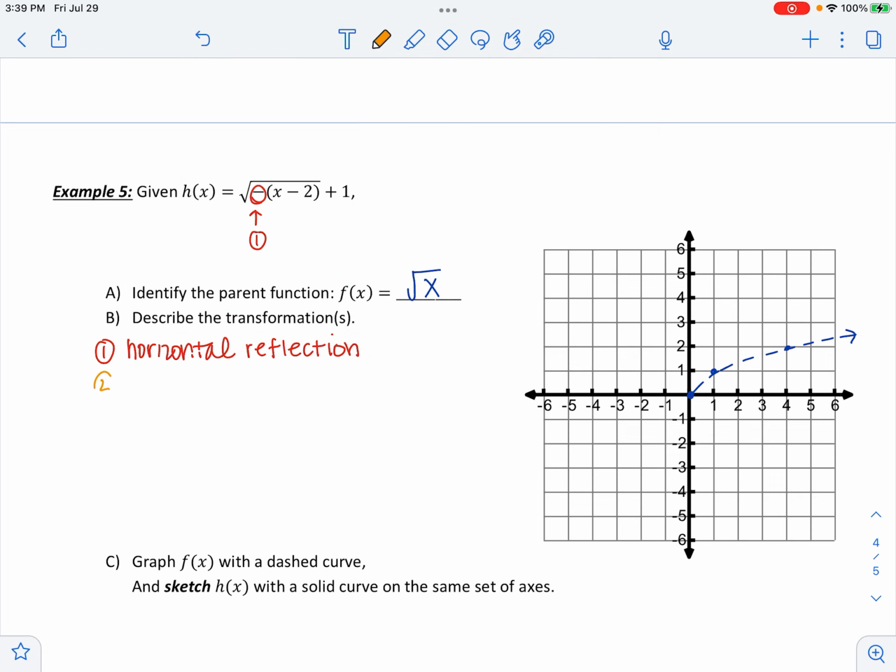Now number 2, this -2. It's still inside the parent, so it's horizontal. And it's added or subtracted off of the function, so that is a translation. And remember, horizontal translations are the opposite of what you think, so -2 is right 2.